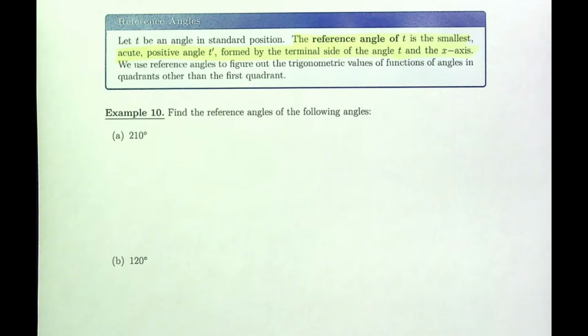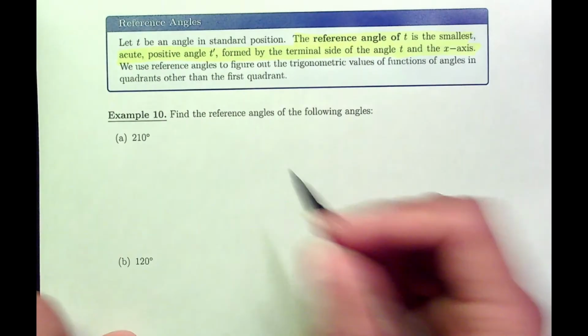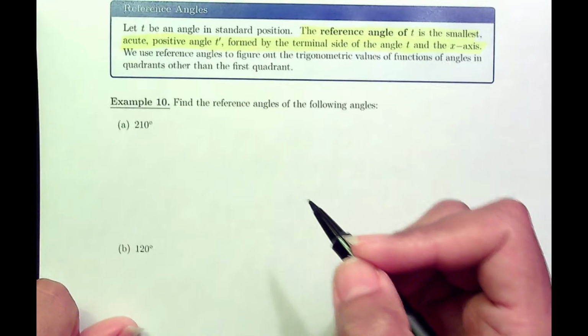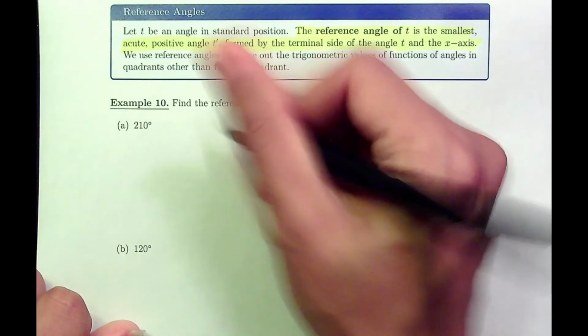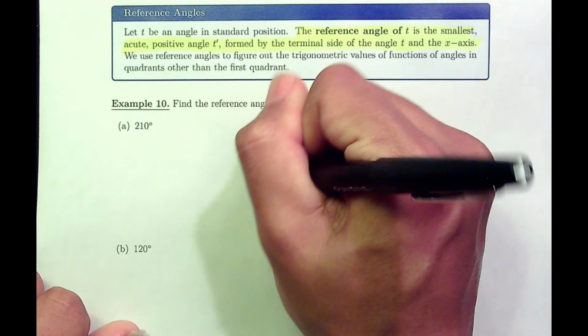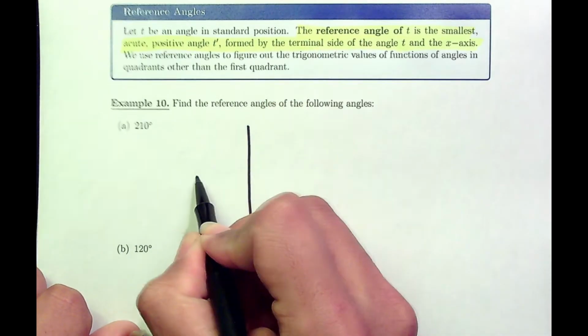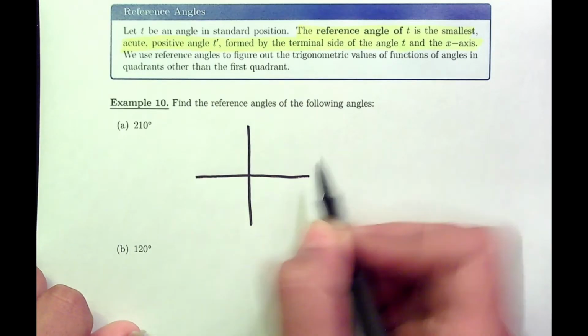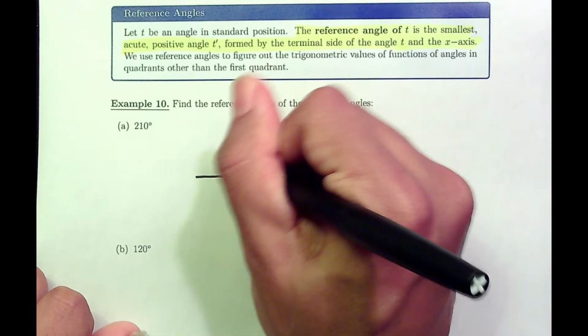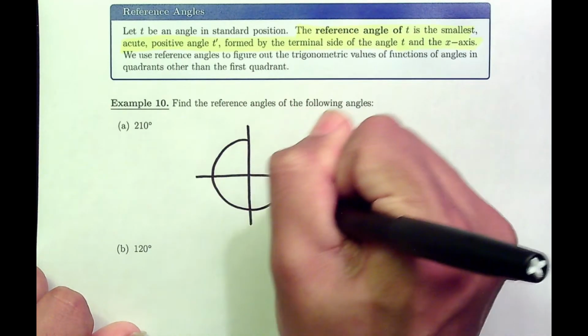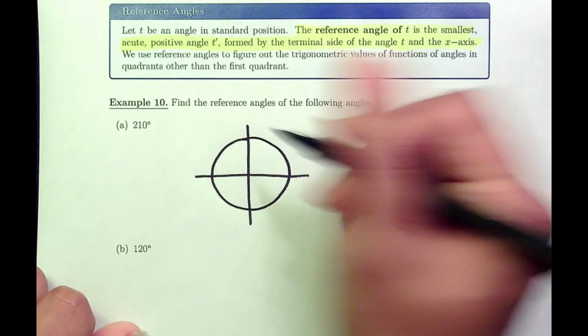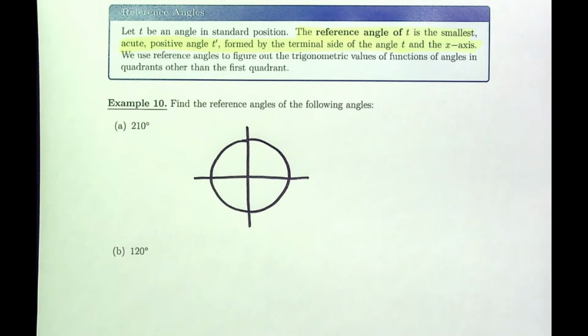So let's do this one, for example. 210. What is the reference angle of 210 degrees? Well, the first thing you need to do is take a moment and draw a picture, and you have to make sure that you draw the angle in the correct quadrant. This is important.